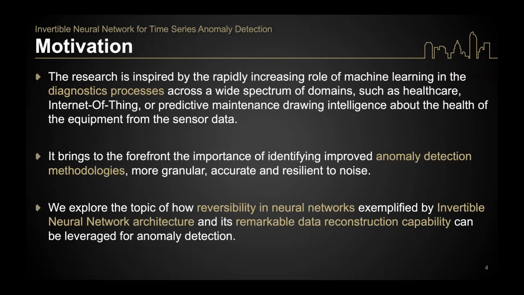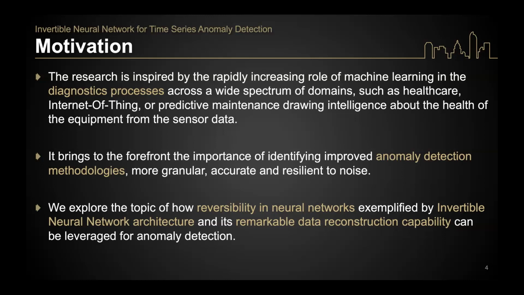The motivation is simply that machine learning is playing an increasingly important role in all the diagnostic processes across many domains, such as healthcare, Internet of Things. And it's important to be accurate because we rely on these anomaly detection systems to tell us what's out of order, what's different from what was expected.